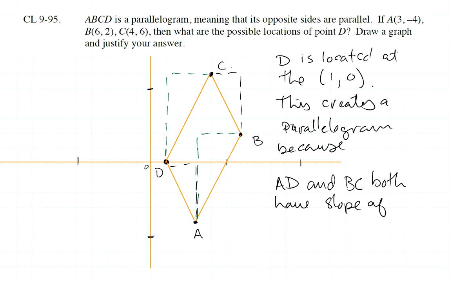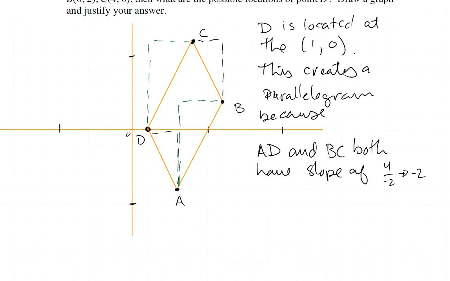So it's a rise of 4 over -2, which is equivalent to a slope of -2. So they're going down 2 units for every unit they go forward. And if you have congruent slopes or equal slopes, you have parallel lines. So they are parallel.